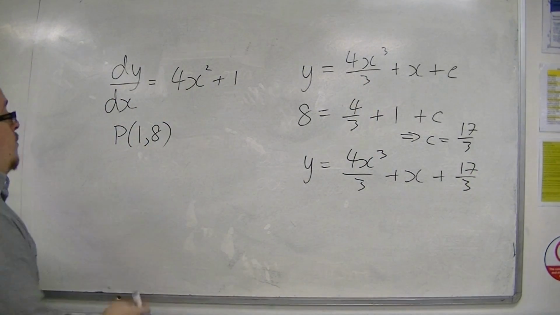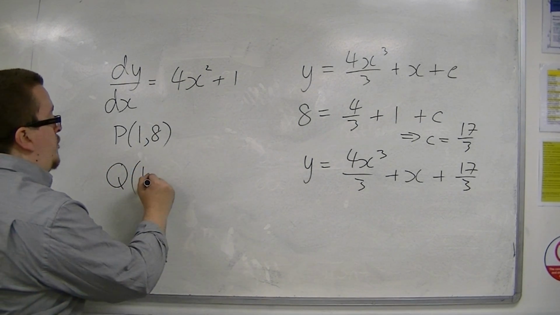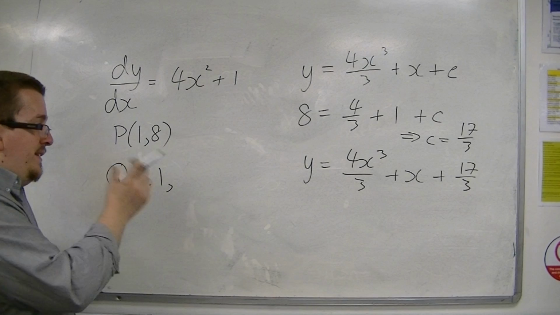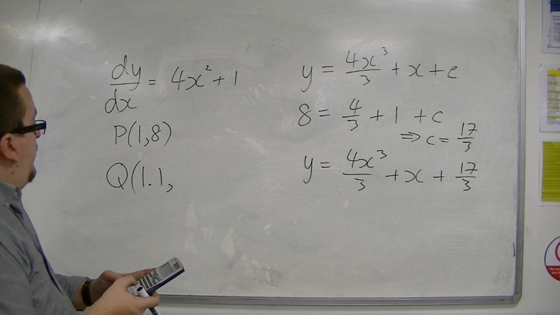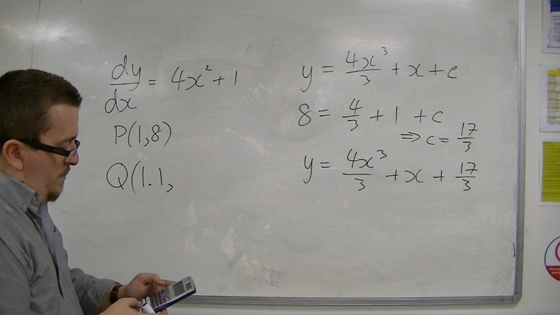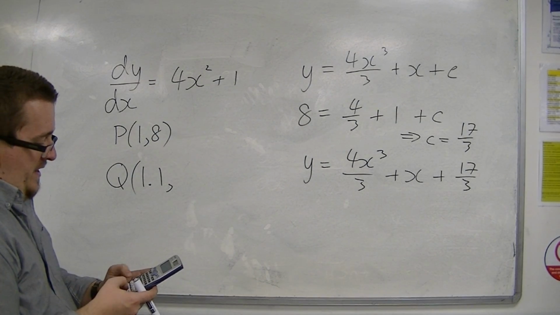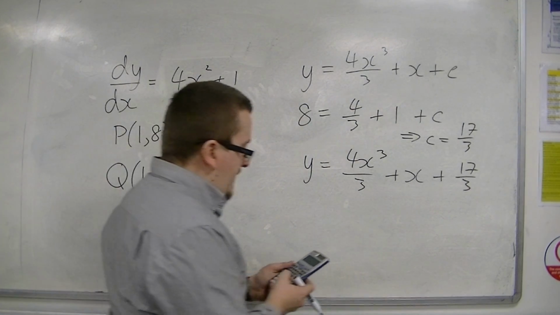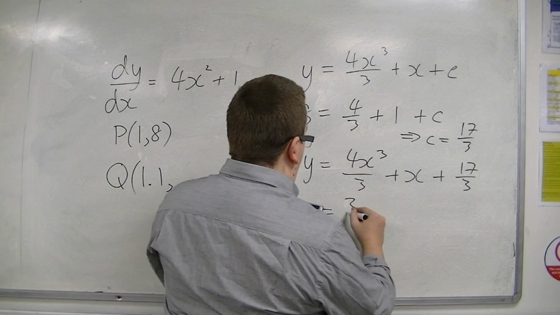And then if I wanted to work out what the point Q was, which was at 1.1, so a little bit away from P, so quite close, I could just substitute 1.1 into this. 4 times 1.1 cubed divided by 3 plus 1.1 plus 17 over 3. And that gets me 3,203 over 375.